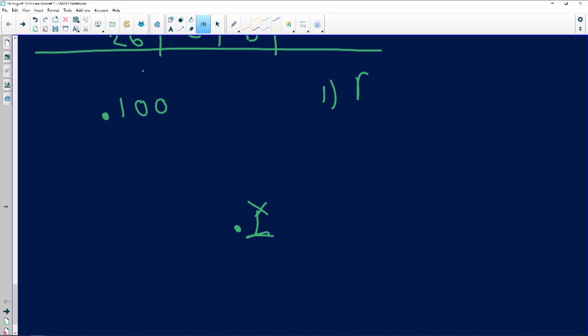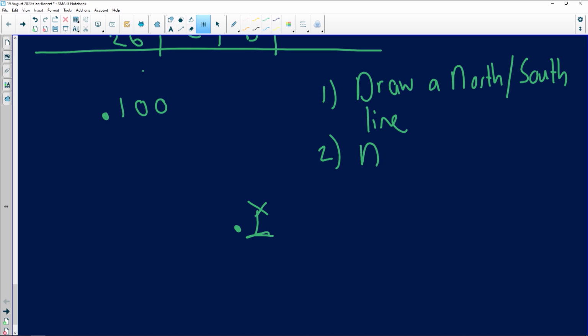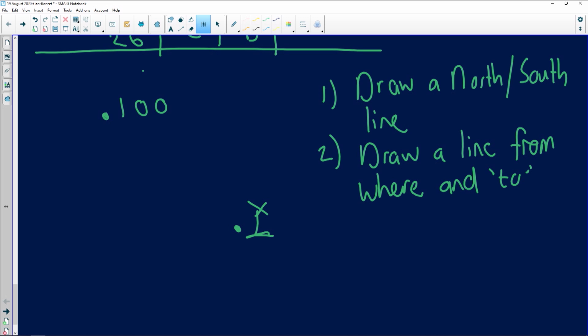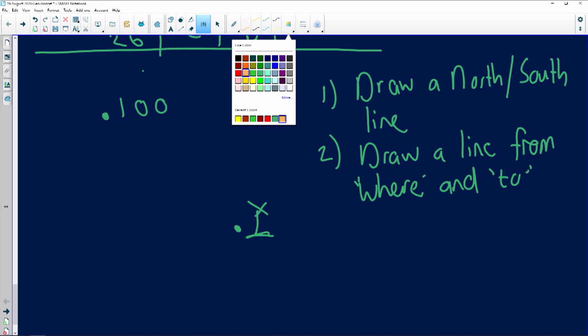First step, draw a north-south line. Second step, draw a line from where, and to.